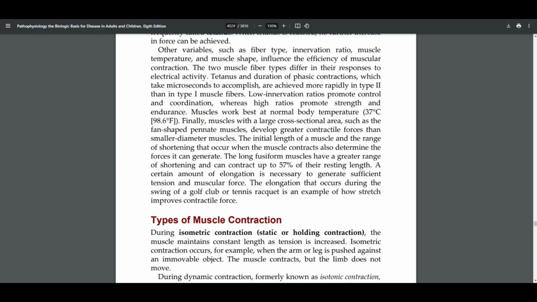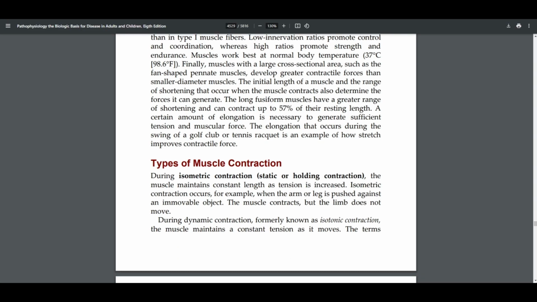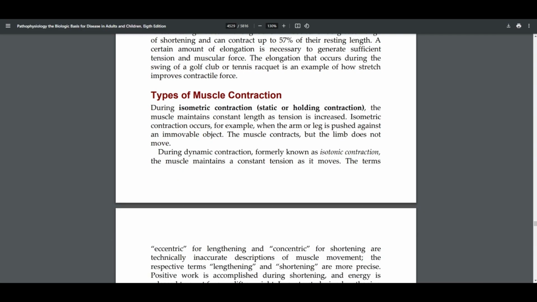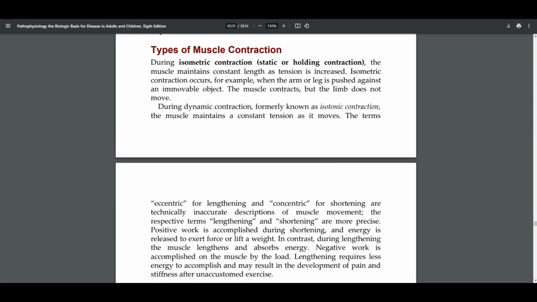The long fusiform muscles have a great range of shortening and can contract up to 57% of their resting length. A certain amount of elongation is necessary to generate sufficient tension and muscular force. The elongation that occurs during the swing of a golf club or tennis racket is an example of how stretch improves contractile force.